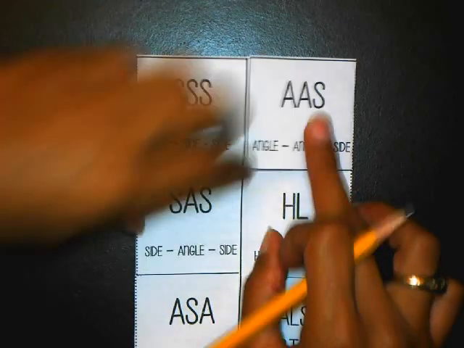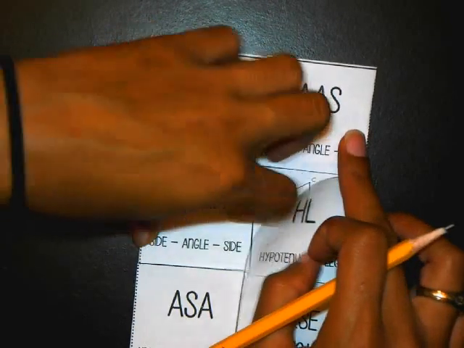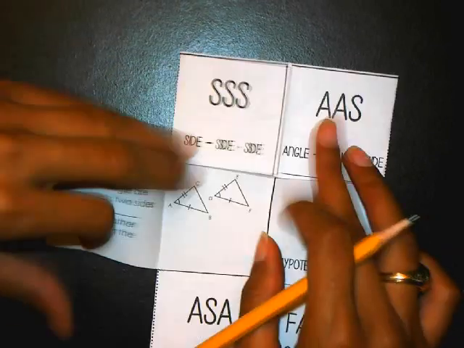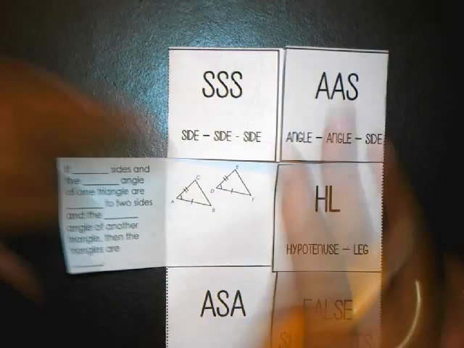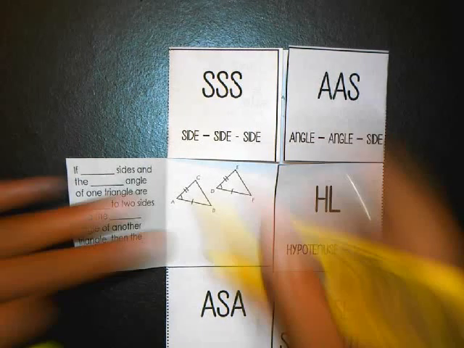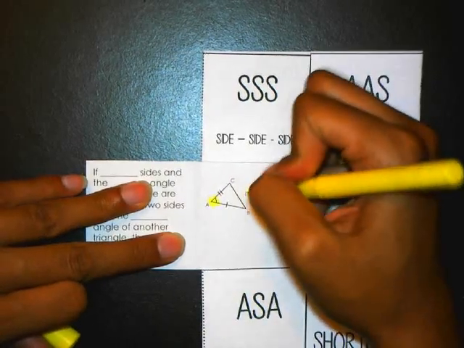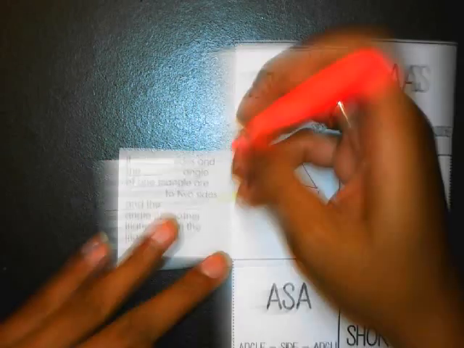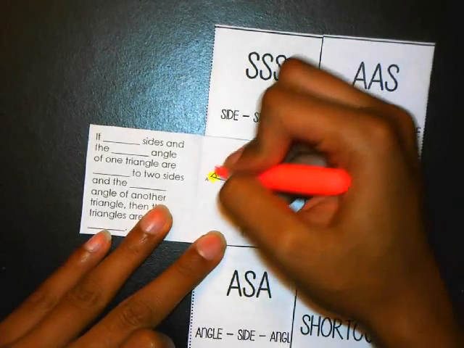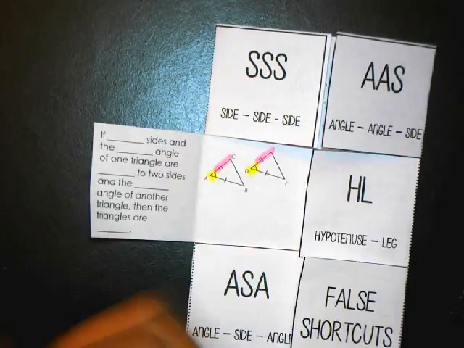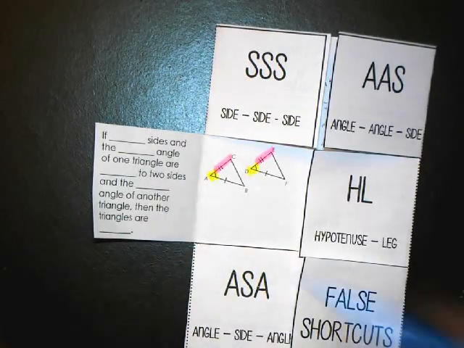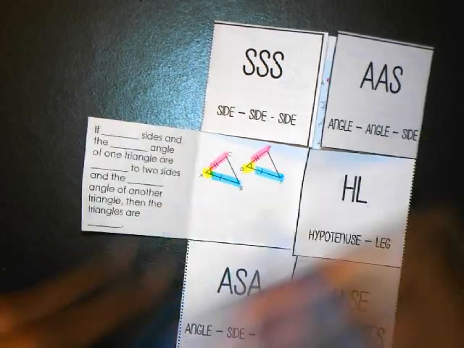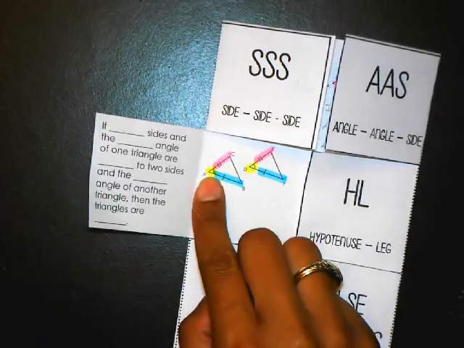Alright, so angle D and angle A are congruent. Side AC is congruent to side DE, and side AB is congruent to side DF. So notice, the angle is in between its two sides, which is why we put it in between here, but over here, the side was excluded, which is why we put it on the outside.